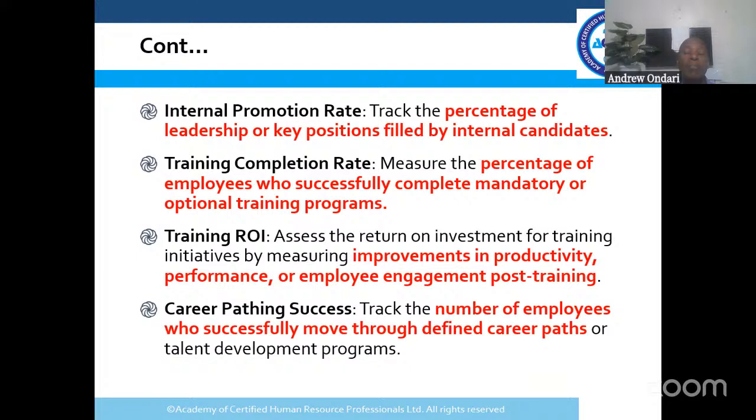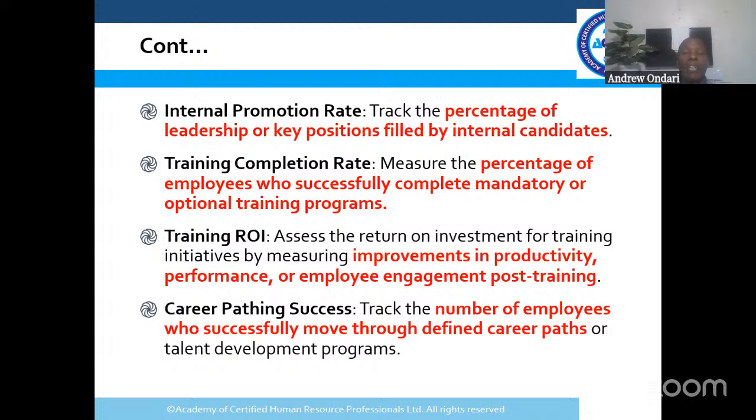And if the rates are very high, as HR managers, we need to be worried that we have identified training needs and yet people don't complete the training. That means the performance gap will continue to exist because the training is incomplete.